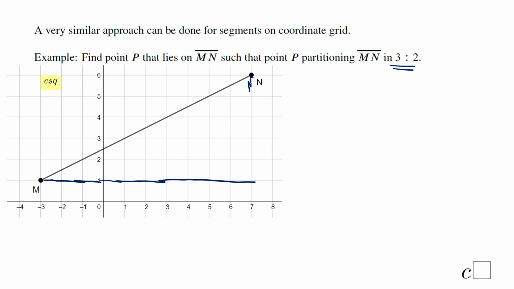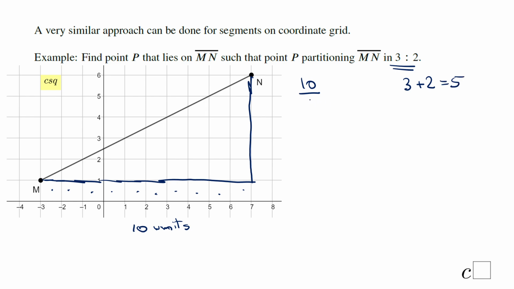For example, we use this triangle for the slope also. But let's count now: 1, 2, 3, 4, 5, 6, 7, 8, 9, 10. This one is 10 units, right? So now what do we need to do? That 10 you see there, we're going to divide it by 3 plus 2, which is 5.